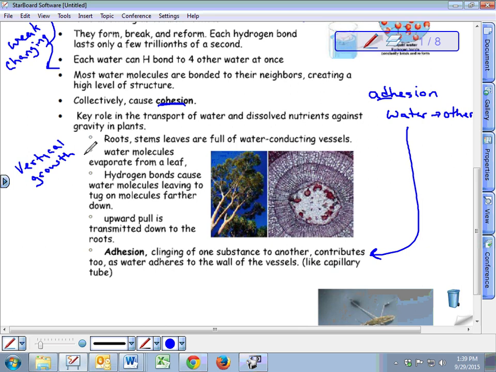So if you think about all of the water being attached, you ever see one of those things where they put paper clips in them and they've got a magnet in the bottom, and if you pull it up, all the paper clips are still clinging to each other, and as you pull it up, you're dragging the paper clips up in a big long chain. That's because they have cohesion. They're holding on to each other. If water molecules didn't do that, the plant would have to literally lift every water molecule separately.